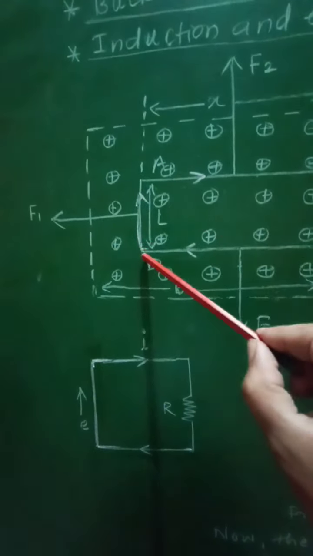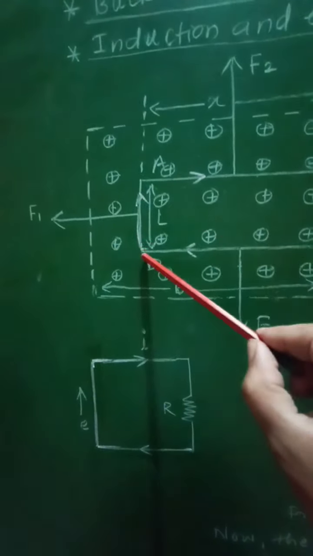This side will be acted upon by force F1. This horizontal side will be acted upon by force F2, and the second horizontal side will be acted upon by force F3. Now the directions of these forces will be given by Fleming's rule.